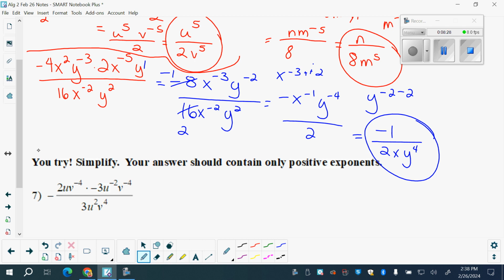Yeah, so now when you simplify that, you want to subtract your exponents. So you have a -1 minus 2. And a -8 minus 4. I like the -2 in the front, and then what's -1 minus 2? -3. Yes, -3.